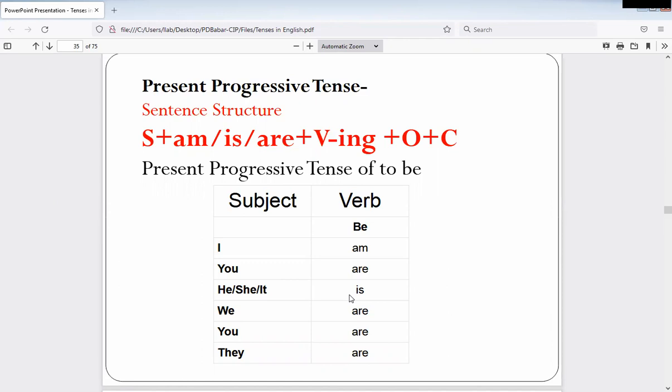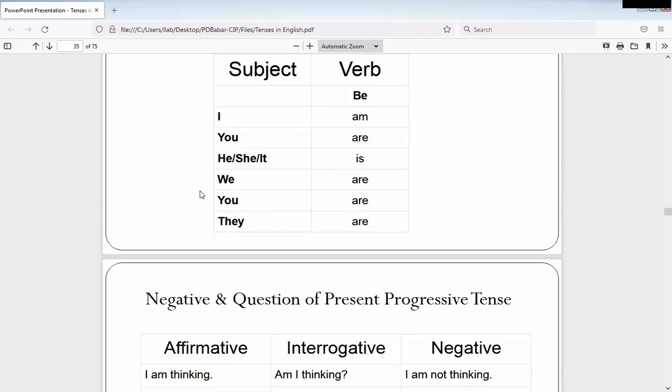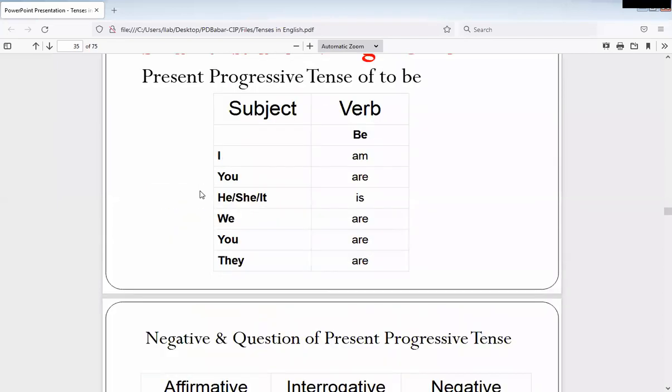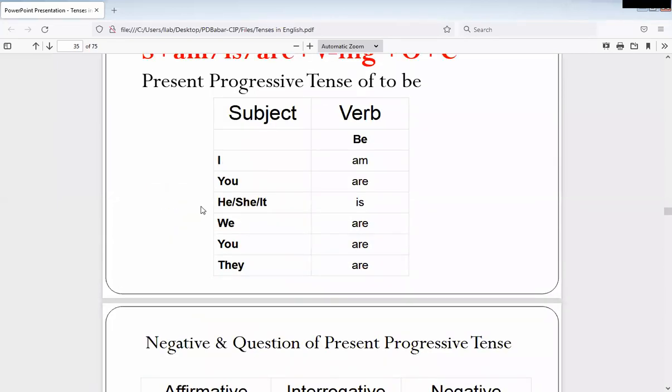Okay, they are. They are teaching the students. Okay, or they are doing the work. So this is the sentence structure of the present progressive tense and the subject verb chart that we are using for this tense.